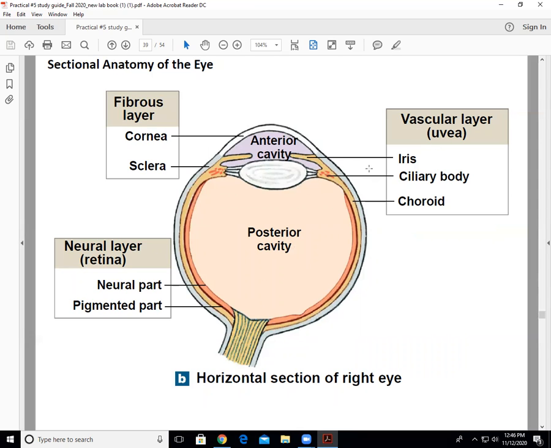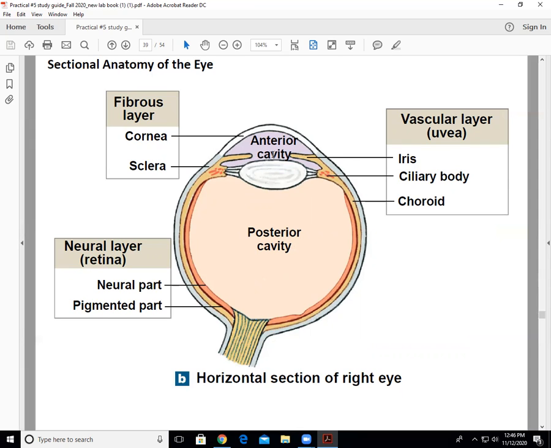The vascular layer, or uvea, includes the iris, which gives the eye its color, the ciliary body, and the choroid. The choroid goes around the posterior surface of the eye. The ciliary body is connected to the lens via these suspensory ligaments.